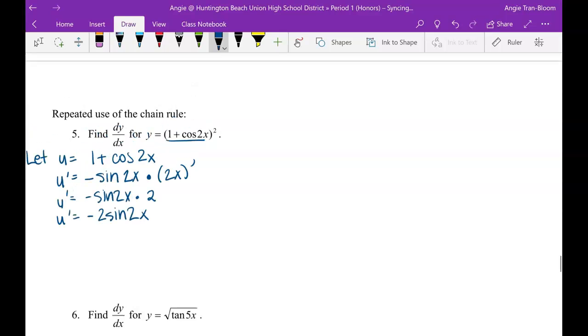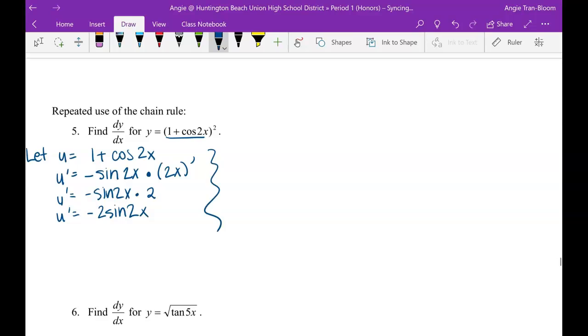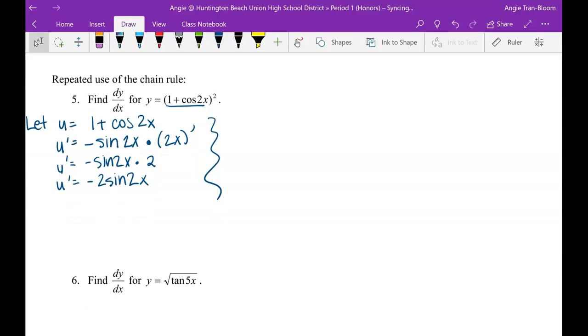So now what I need to do is rewrite this equation. As you can see, y equals, the inner component is now u and then square. So y prime is going to be 2 times u times u prime. Now I just have to plug everything back in and make sure I FOIL or multiply everything out nicely.